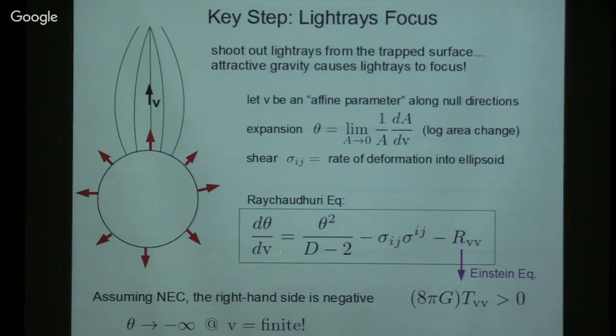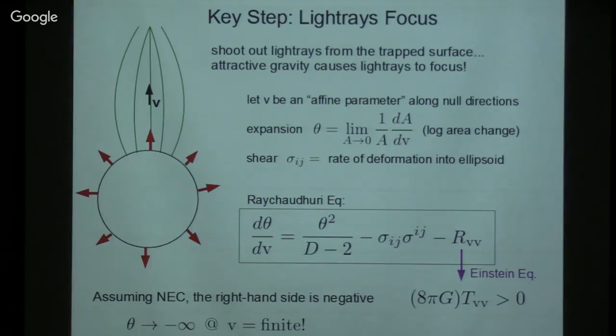These guys are negative because they're minus something squared. This guy is the curvature tensor, the null-null component of the curvature. And if you assume the Einstein equation is true, you can relate this to the null-null component of the stress tensor. And if you then assume the null energy condition, then this thing is positive, which means this whole right-hand side is negative.